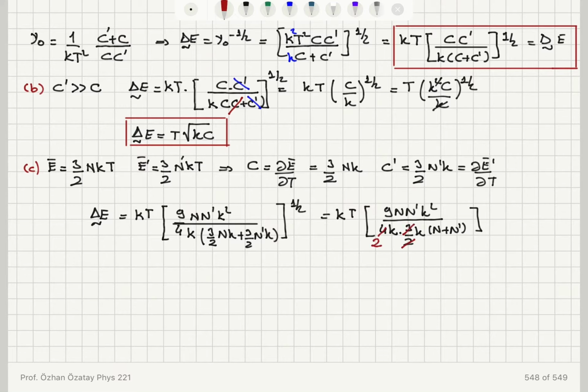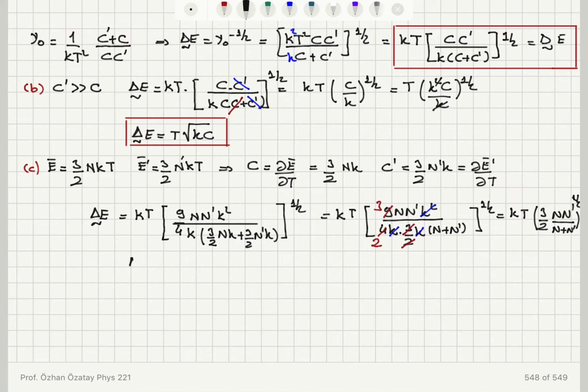This is going to get rid of this 9, it will make it 3. And then I have k squared, so this k will disappear. So I will be left with kT times 3 over 2 capital N prime over N plus N prime, to the power 1/2. So that would be delta E tilde.